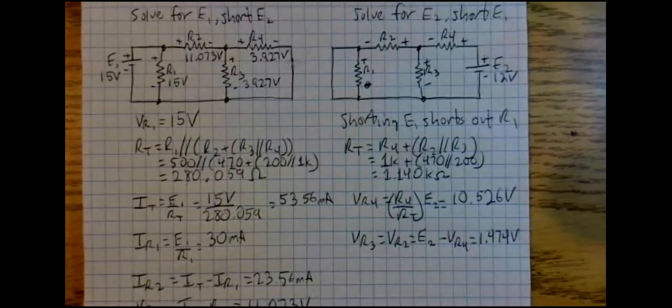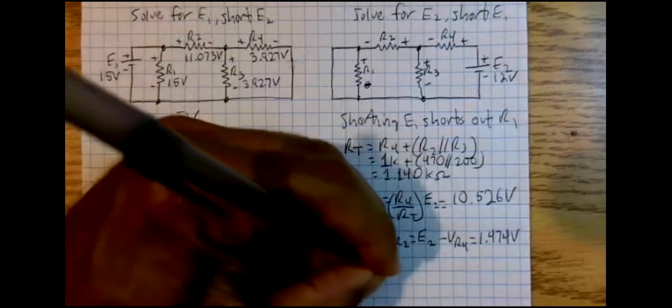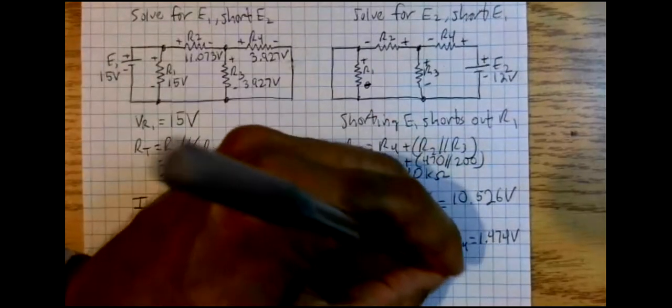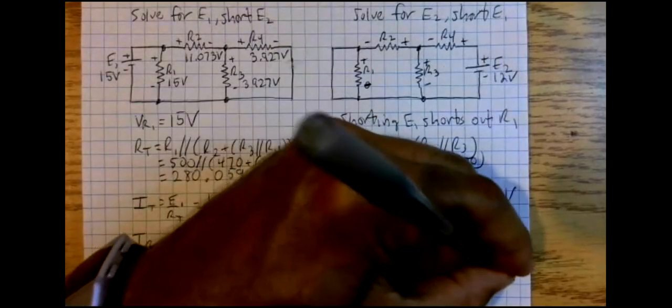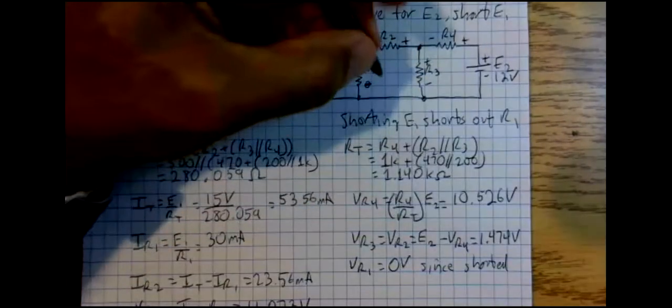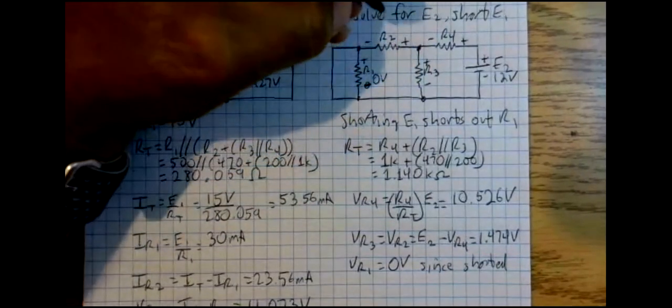Okay, so let's mark those in here. VR1 will be equal to 0 volts since it's shorted. All right, so VR1, 0 volts.